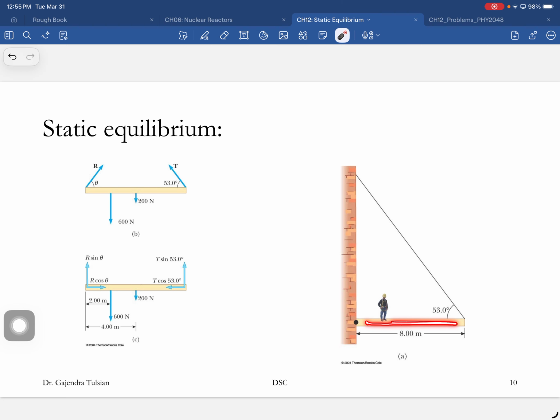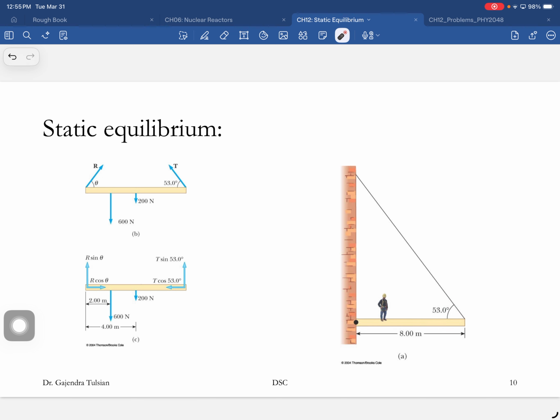There's the tension in the cable. There's the weight of the board itself. There's the weight of the person. And what is this guy? Right, you see this guy is pushing the scaffold into the wall, and that's the reaction force of the wall on the scaffold.